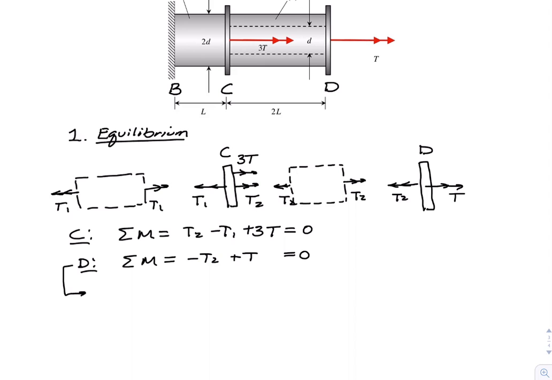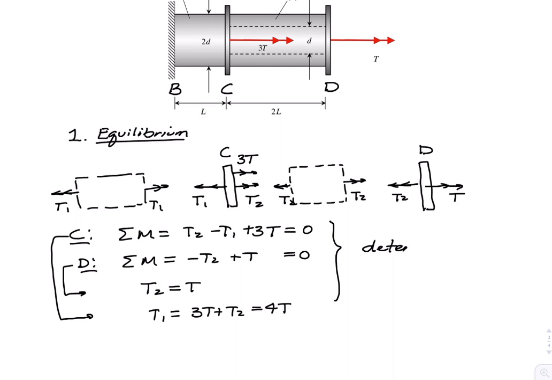So we can take the second equation and see that T2 is equal to the applied torque T. The first equation then says that T1 is equal to 3T plus T2, so that's going to be 4T. So this gives us right away, without using any of the other steps, the torques because this problem is determinate.